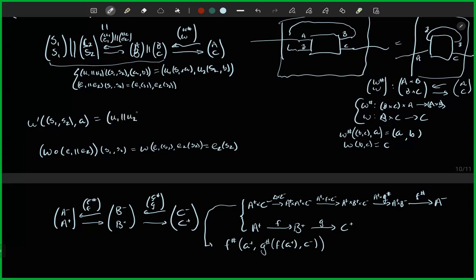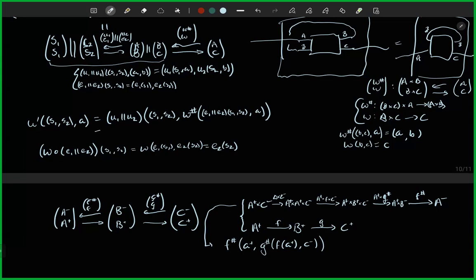U1 parallel U2 of the S's, so S1, S2, and then we take in a pair, which is the result of the W sharp of now E1 parallel E2 of S1, S2 comma A. So I've just written out the formula from below in the current language.